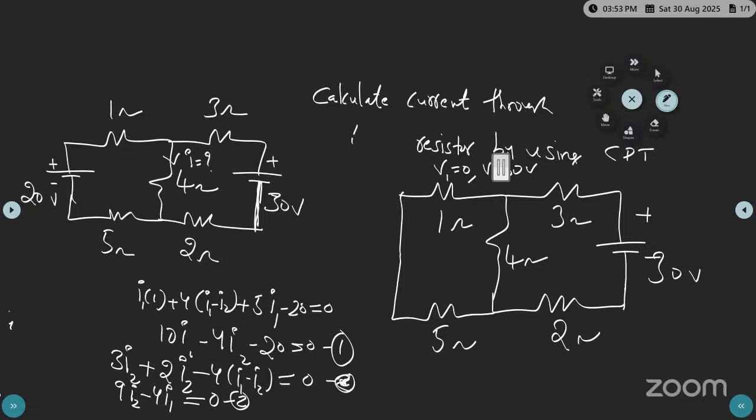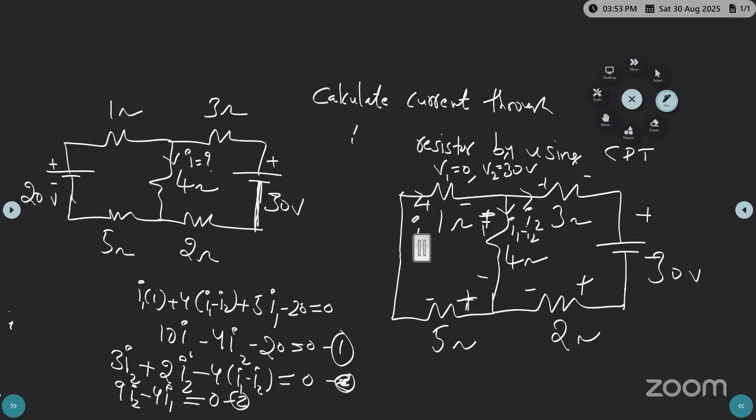Now write down the equations, same as before. I1, I2 same. We require I1 minus I2.